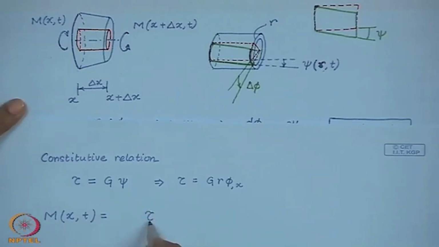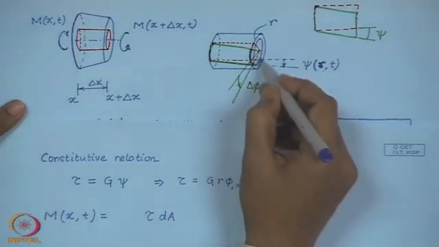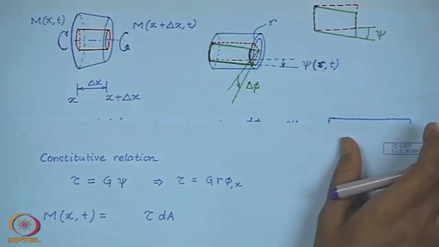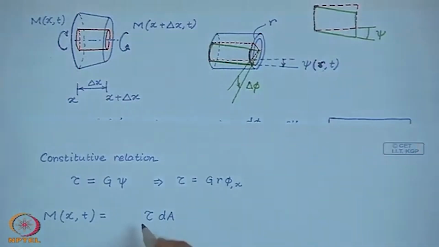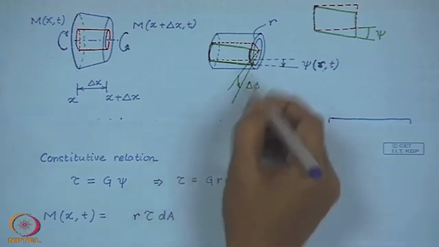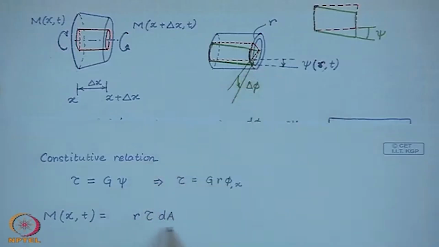from the shear stress times the small area of this ring and the arm. So, arm times this shear force.